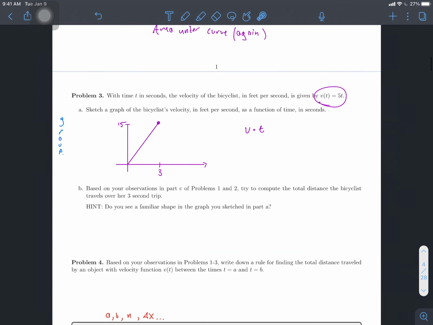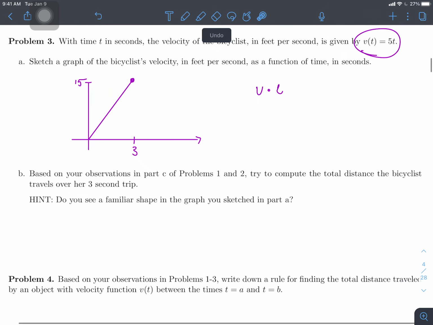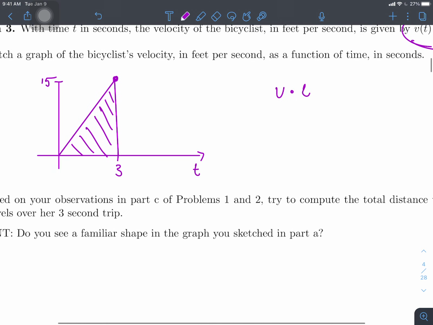So now we've got a curve, and if we want to make an observation or a stretch of our theory, we could say maybe the total distance traveled is going to be the area underneath this curve. I just take the area which is trapped between that curve and the t-axis. And how do I find that area? Well, it's just a familiar geometric shape of a triangle, right?